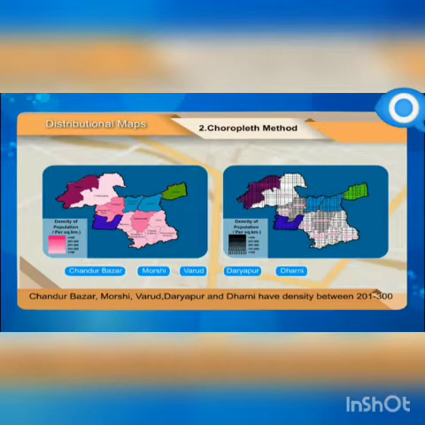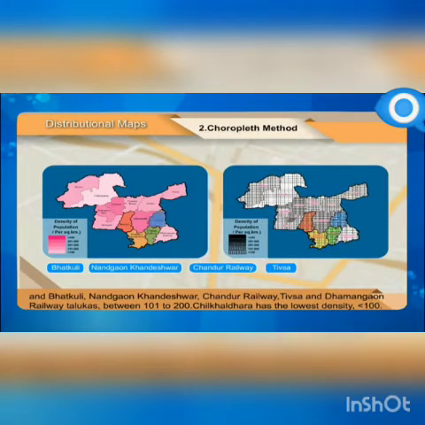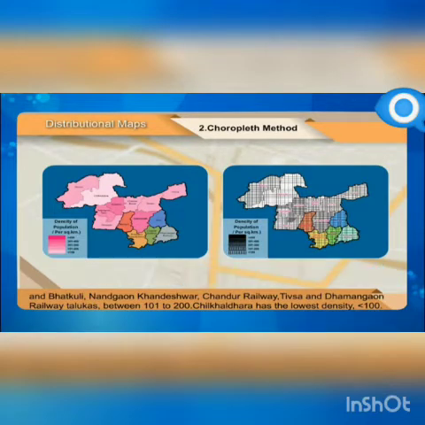That's why they are even lighter. But Chikhli, Nandgaon Khandeshwar, Chandur Railway, Teosa, Dhamangaon Railway Taluka are between 100 and 200. Chikaldara has the lowest, less than 100. That's why it is lightest in color. Chikaldara you can see over here, yellow, less than 100.